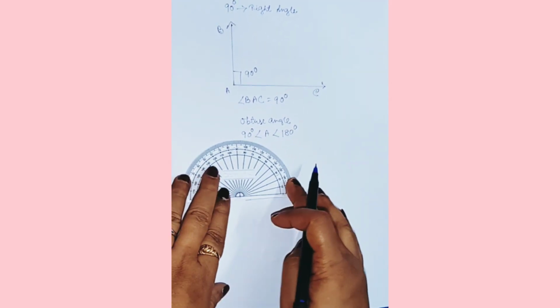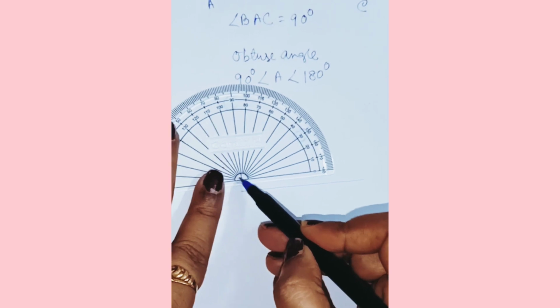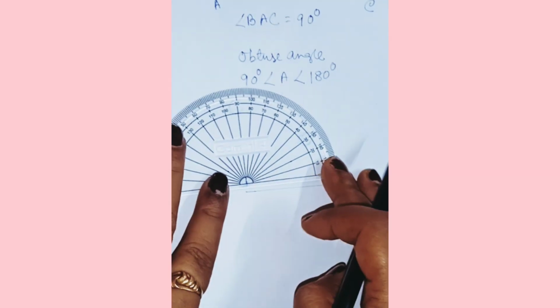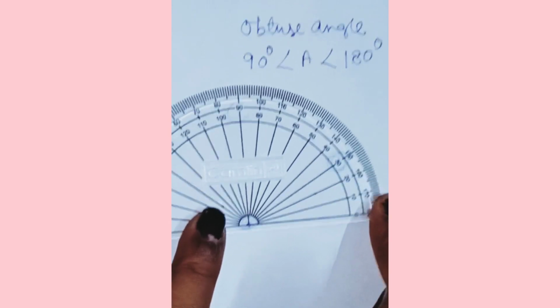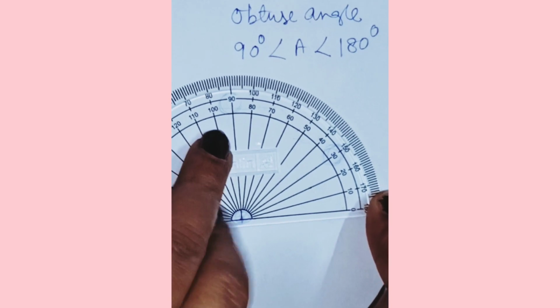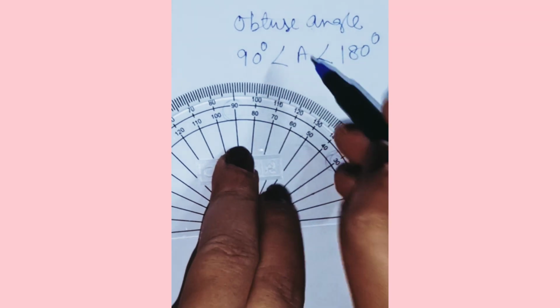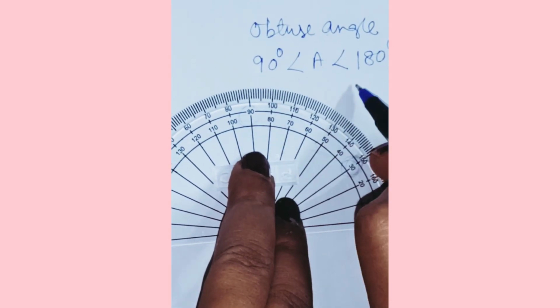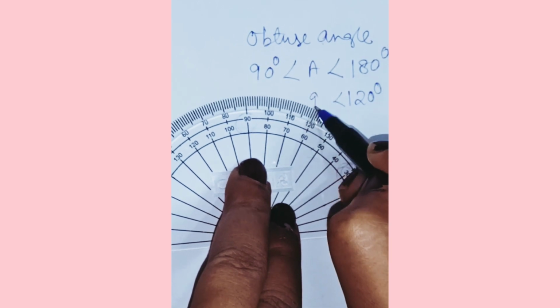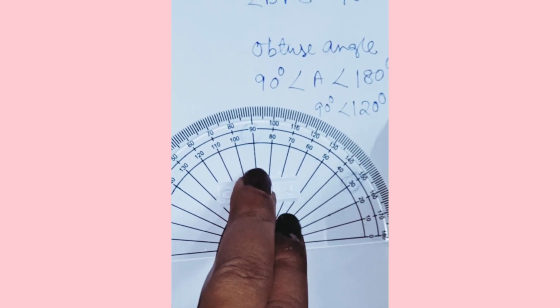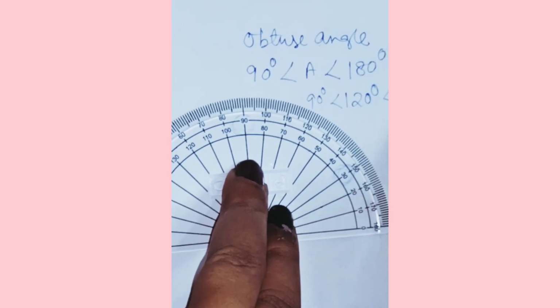Place the protractor at the starting point and match the line. Now I draw an obtuse angle, for example 120 degree. 120 degree is greater than 90 and less than 180.